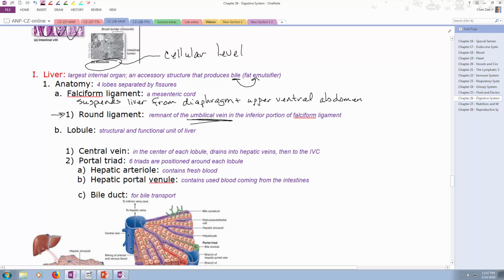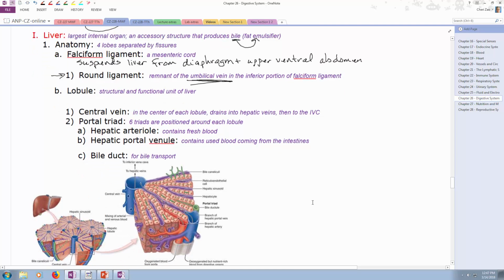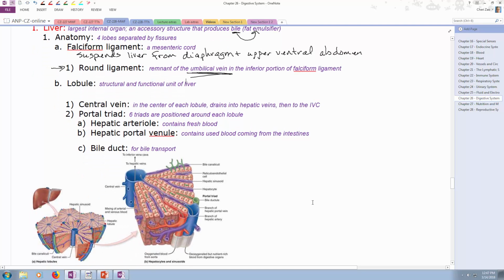When we take a look at the liver histologically, we find that it's divided up into lobules. A lobule is a structural thing as well as a functional thing for the liver. We can liken it to a microscopic cylinder of hepatocytes radiating out, away from the central vein, like spokes in a wheel.